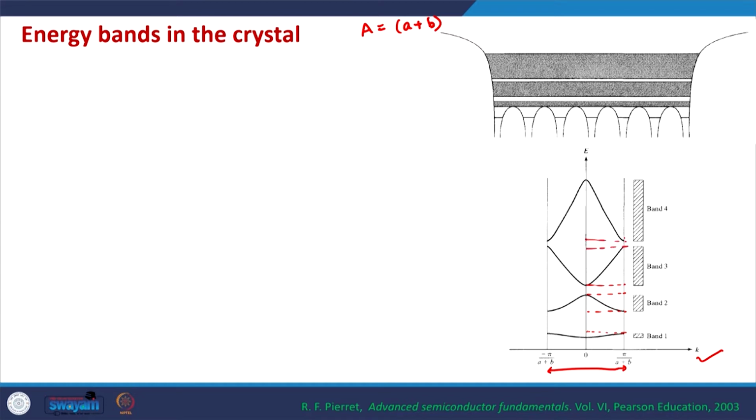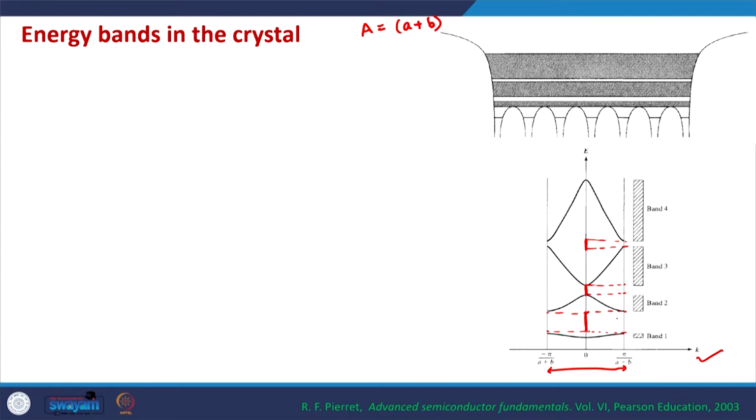This y axis is the energy axis, the x axis is the K axis, and these highlighted portions on the energy axis are the energy values which do not have a valid wave function of electrons, which means the electrons cannot take these energy values in the solid, or there is no K value corresponding to these E values.